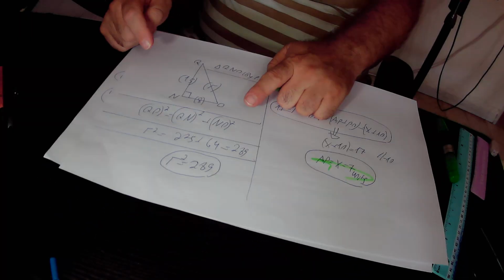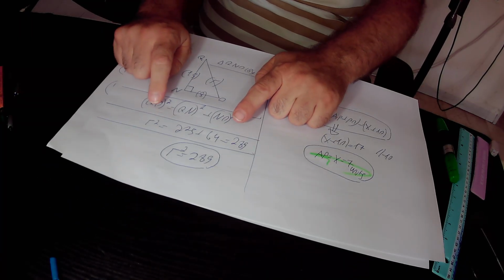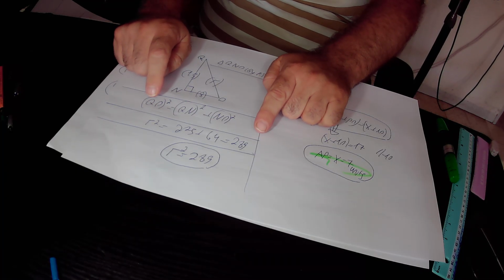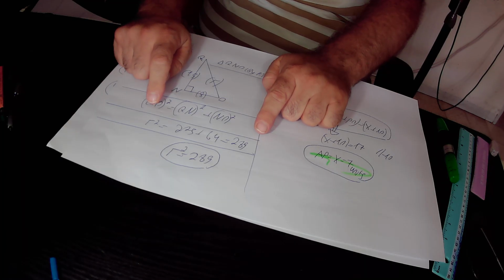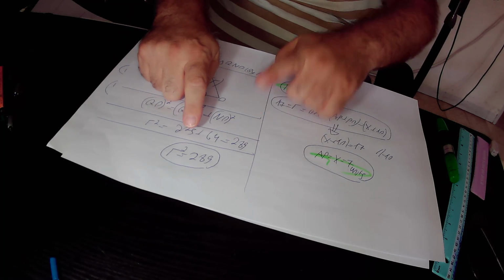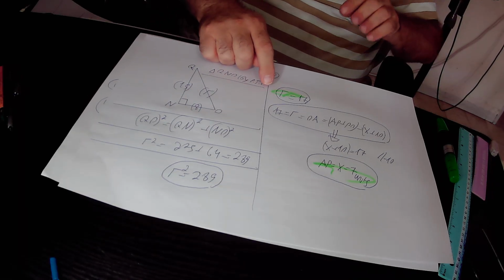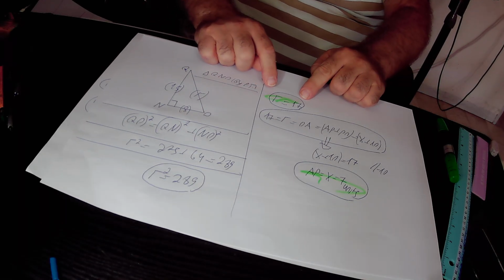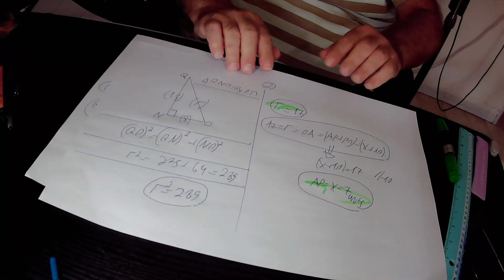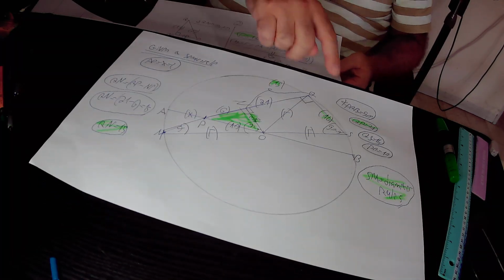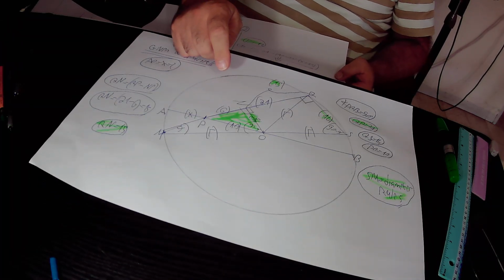So in total we found out that R squared equals 225 plus 64. 225 plus 64 is 289. So R squared equals 289, and here we took the square root and found that the radius R of the circle is equal to the square root of 289, that is 17. Again, the radius R of this circle is equal to 17 units in length.